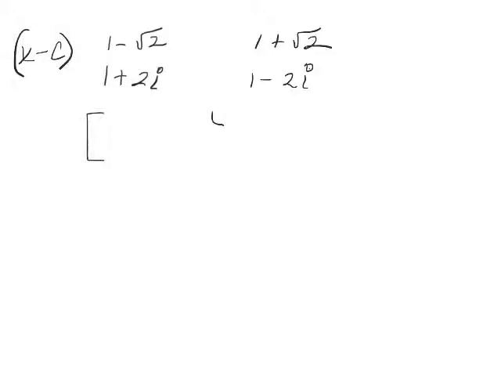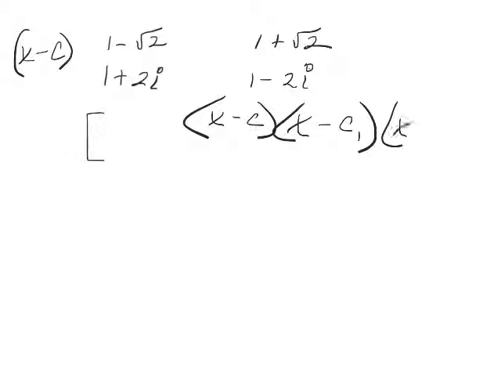So x minus c times x minus another number times x minus another number, etc. So that's what we're going to do here, we're going to write these roots that I have up here, each of these 4 roots, as factors. So I'm going to have to write x minus c. Well, what is c? It's this whole thing here. And then x minus this whole thing, then x minus this whole thing, and then x minus this whole thing. So it's going to look really weird.